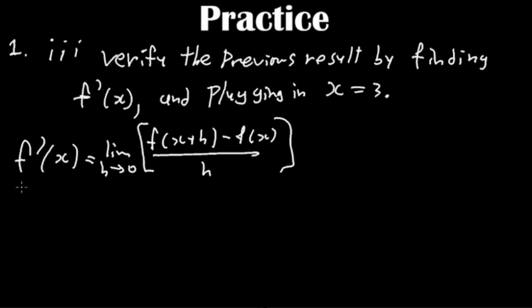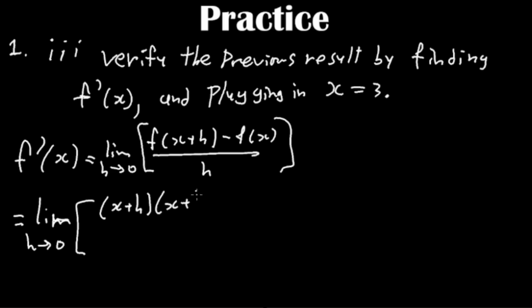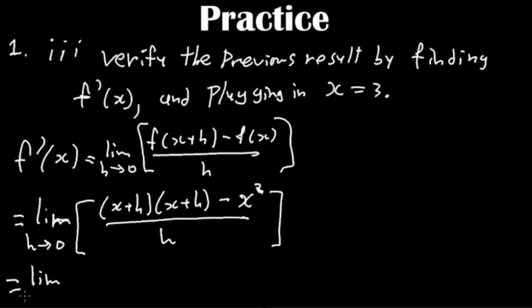So here, f of x is equal to x squared. So we're going to square whatever is in those parentheses. So the limit as h goes to 0 of x plus h squared. That's just x plus h times x plus h. The reason why I'm writing it like that is because we're going to distribute it like that to find what that is. Minus x squared over h. Remember, keep the limit along for the ride.